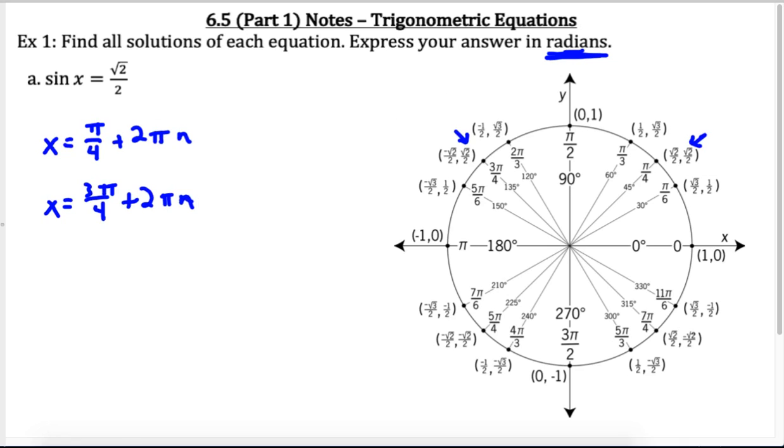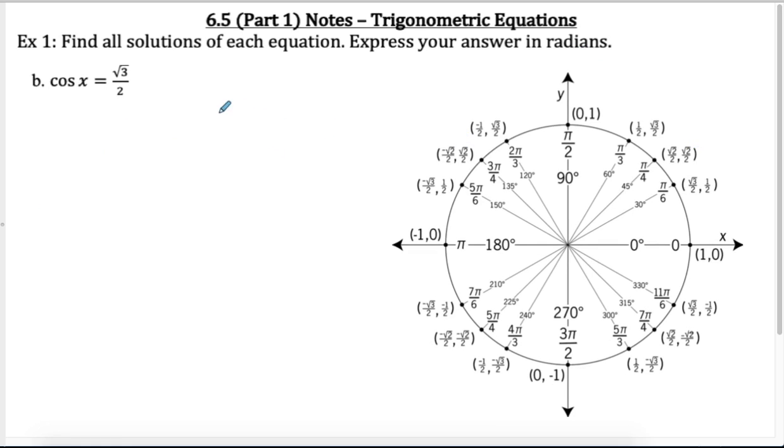All right, let's do another example here. Cosine equals the square root of 3 over 2. Cosine is the x value. So positive square root of 3 over 2 occurs here and here on the unit circle. That means my two answers on the unit circle are pi over 6 and 11 pi over 6.